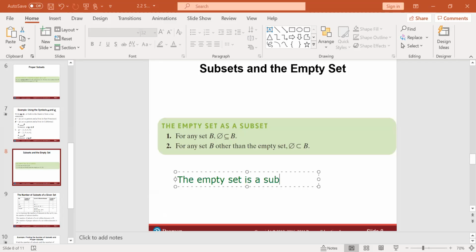The empty set is a subset of any other set, including itself. The empty set is a subset of itself. Why? We're talking about such silly distinctions. Why is that the case?